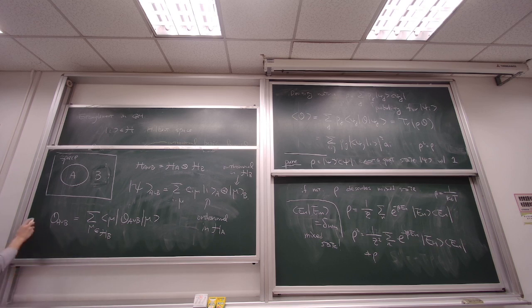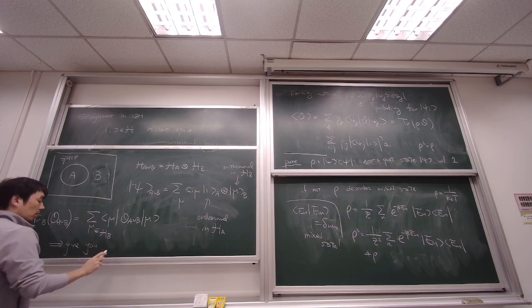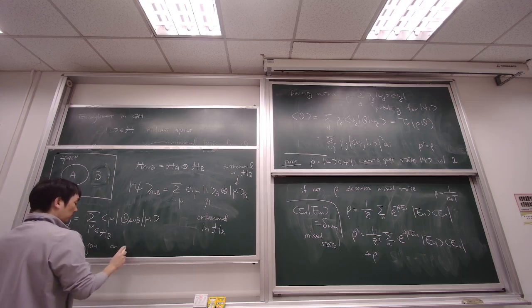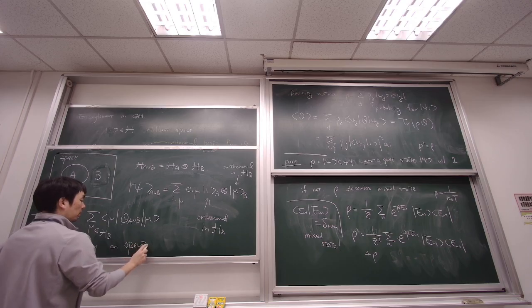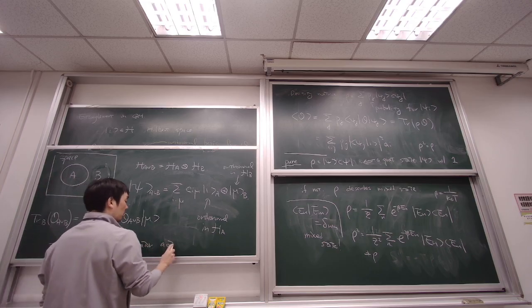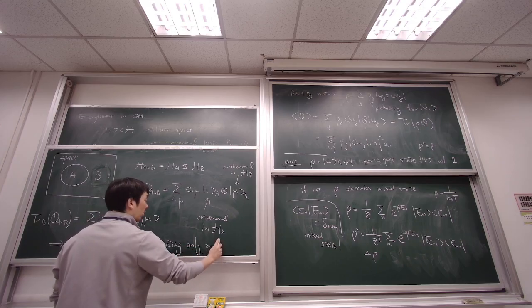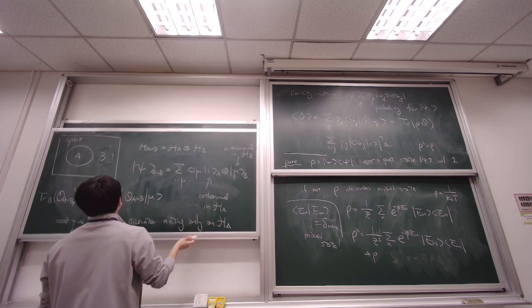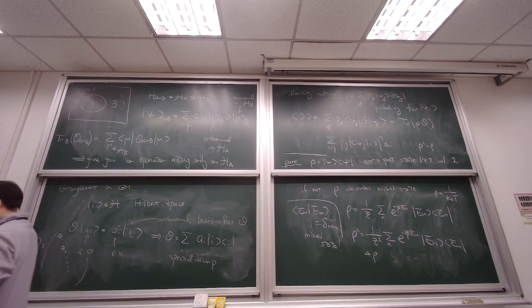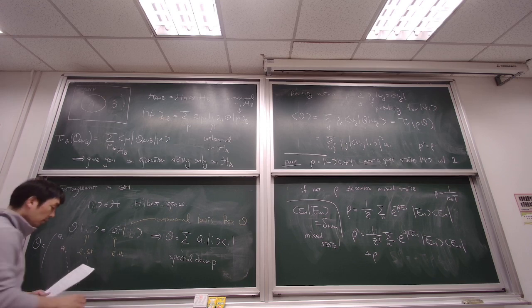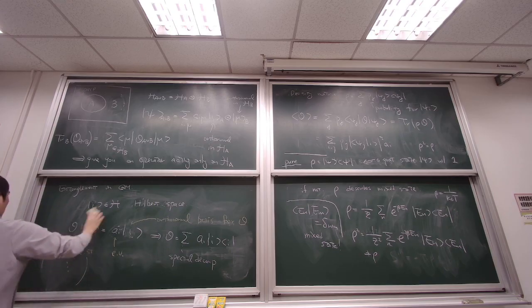So this is called the trace over B. This will give you an operator acting only on H_A. That's quite natural, and vice versa.